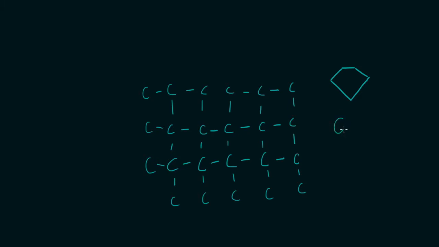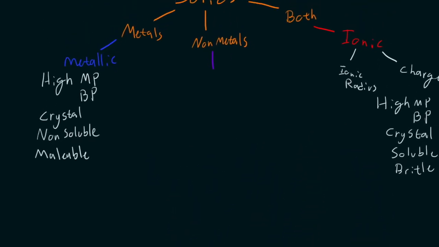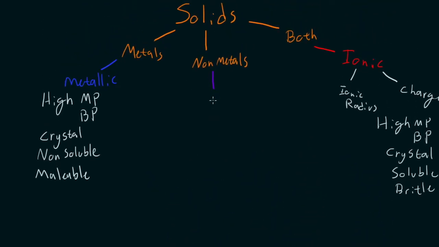Other things that are like that are glass or quartz. This is actually a fairly common phenomenon. So let's write that up here. If we have nonmetals, we could have a network covalent molecule.